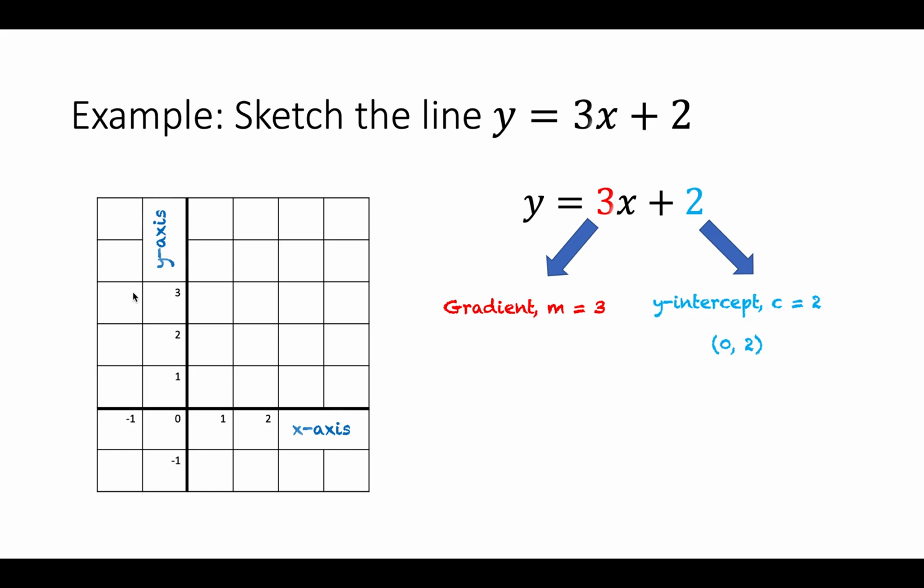We'll start with that, and we'll put a cross here at 0, 2. We know the gradient is 3, so if you go across one square, you go up 1, 2, 3 squares. So we put another cross there. That's enough for us to draw the straight line. We connect those two crosses together like that, and continue a straight line for the entire graph.